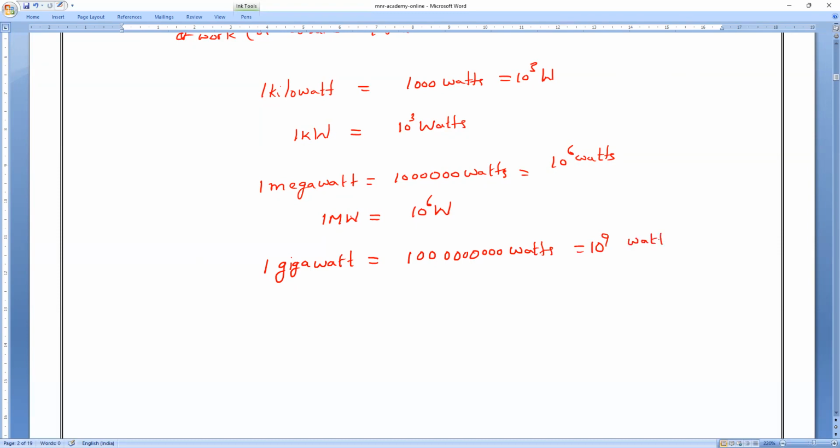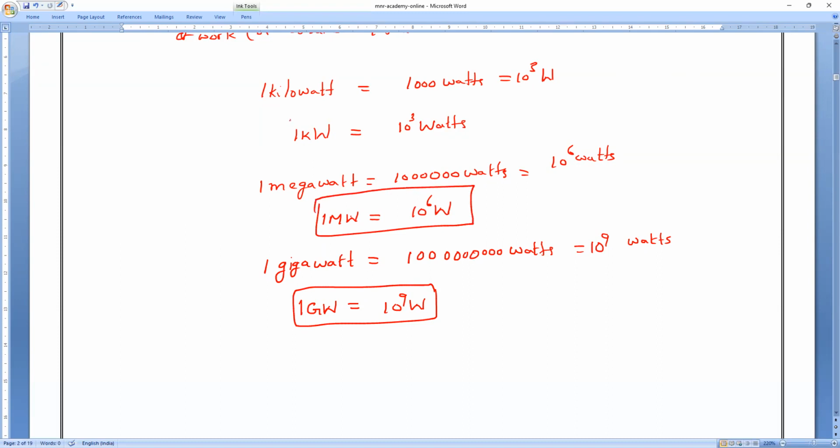So 1 gigawatt, capital G capital W, is equal to 10 power 9 watts. Note it: kilowatt, small k capital W; megawatt, capital M capital W; gigawatt, capital G capital W.